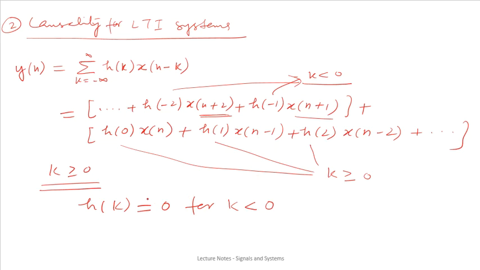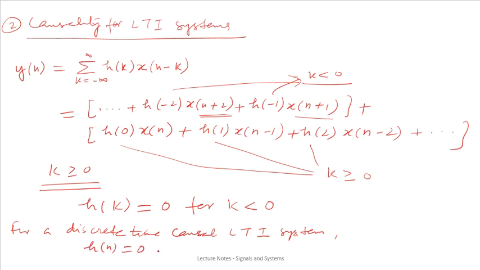So for a discrete time causal LTI system, h[n] equals 0 for n less than 0.